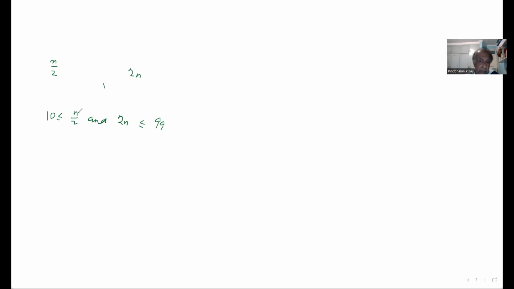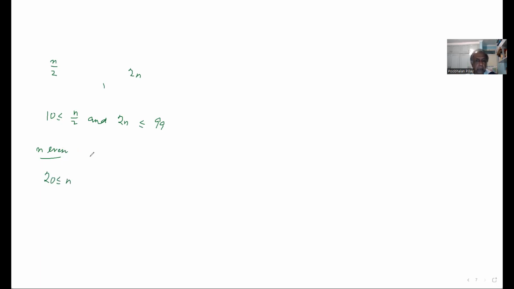And this is an integer. They say n over 2 is an integer. So for n over 2 to be an integer, n must be even. Right? So let's unpack this one here. What does it say? It says that multiply by 2 and you get n is greater than or equal to 20.